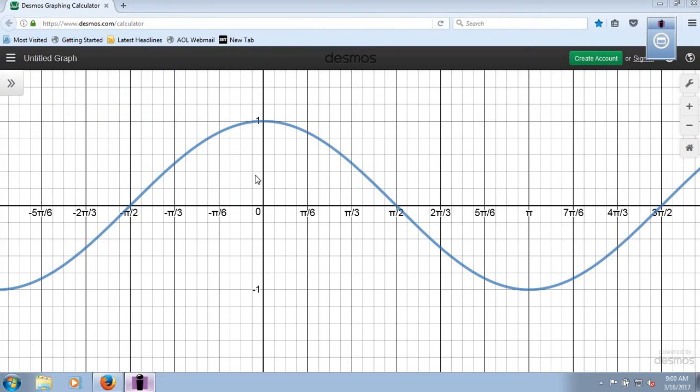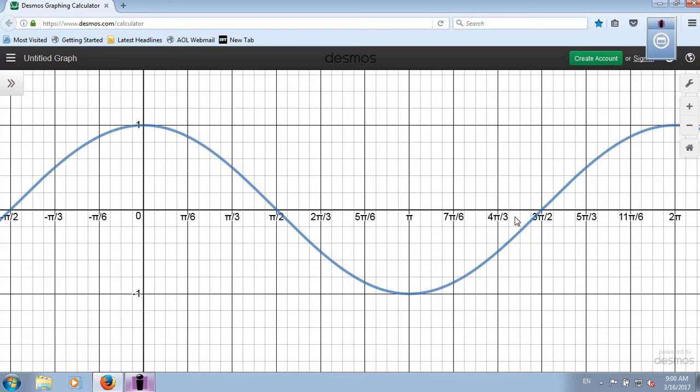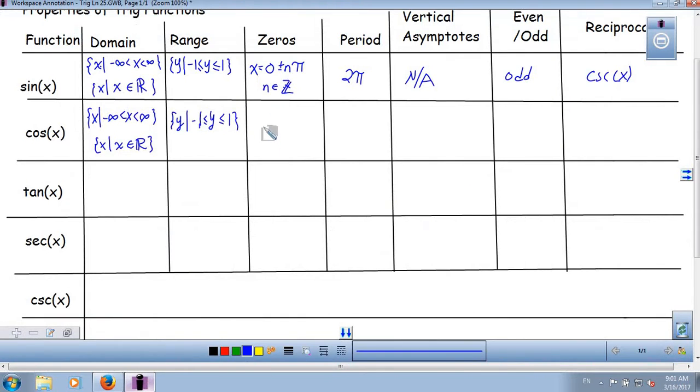It has zeros, because you can see the first zero we encounter is at pi over 2. The next one is 3 pi over 2. So they're 1 pi unit apart. Basically we start with pi over 2 and then every pi we will encounter a zero, or x-intercept.